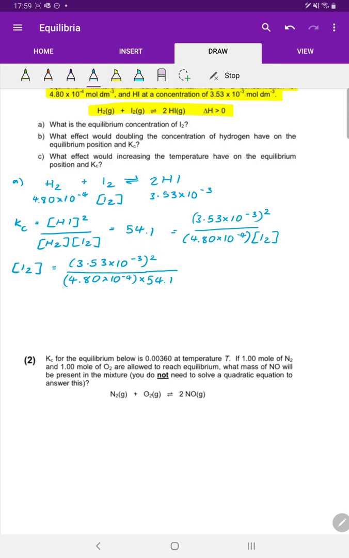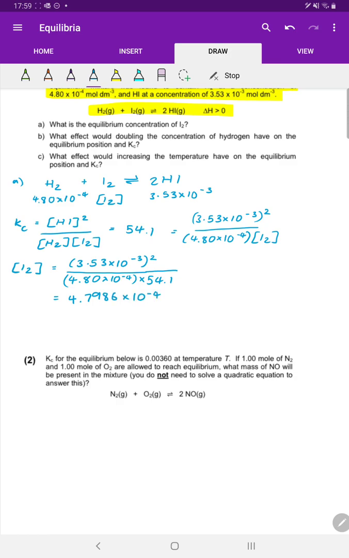Okay. Popping that into my calculator, nice and straightforward. Answer of 4.7986 times 10 to the minus 4.